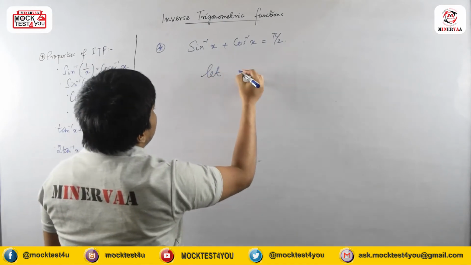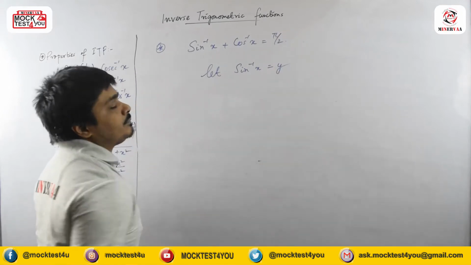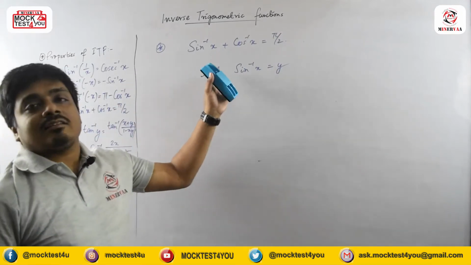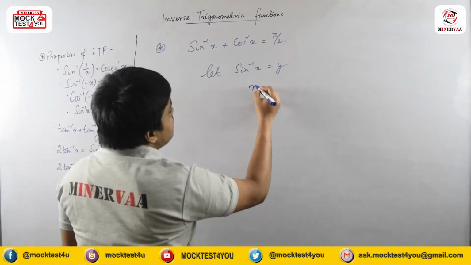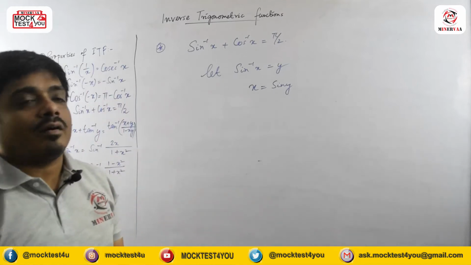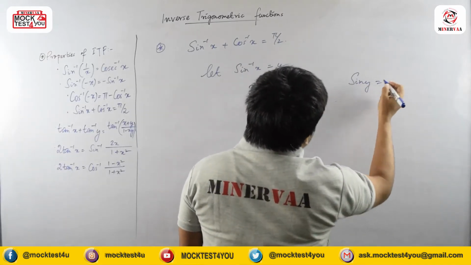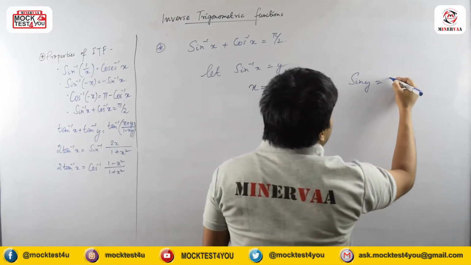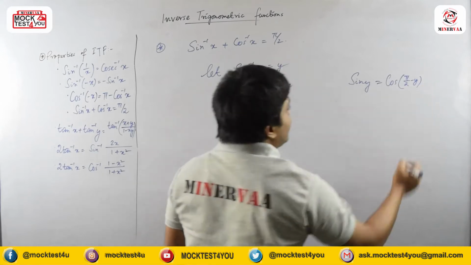I will write, let sine inverse x is equal to y. After writing this, the way we used to do, we'll take the sine inverse that side. So x is equal to sine y. Now we all remember this formula, that sine y, we can transform it into cos by writing cos of pi by 2 minus y.